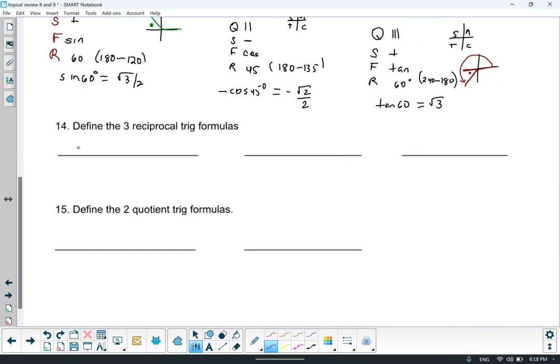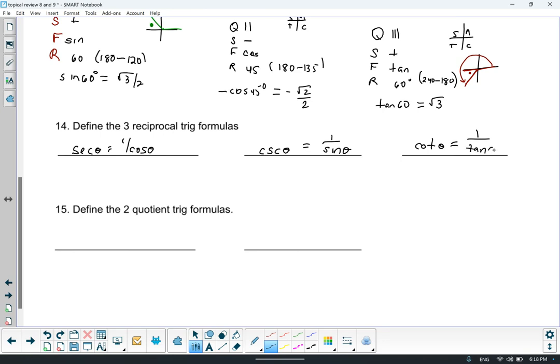What are the reciprocal functions? We know secant of theta, you're going to memorize, is 1 over cosine of theta. We know cosecant of theta is 1 over sine of theta. It's kind of opposite of what you expect. And cotangent of theta is equal to 1 over tan of theta.